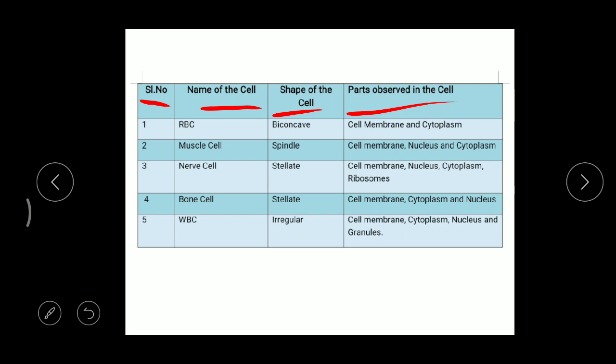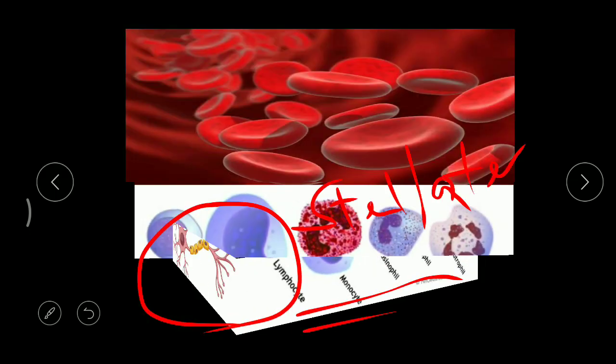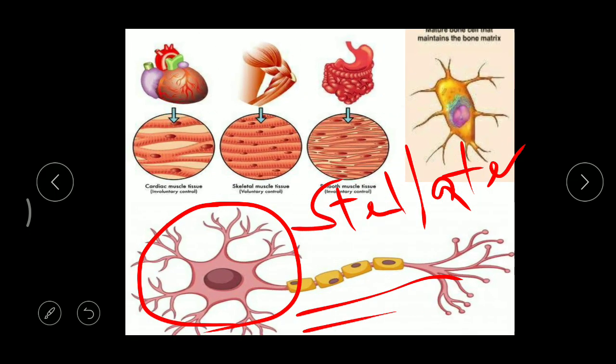And then nerve cell. In a nerve cell we can find the cell membrane, and inside a jelly like substance called cytoplasm, and here in the center, what is this?